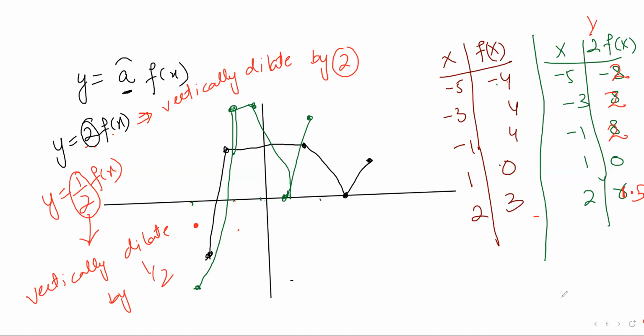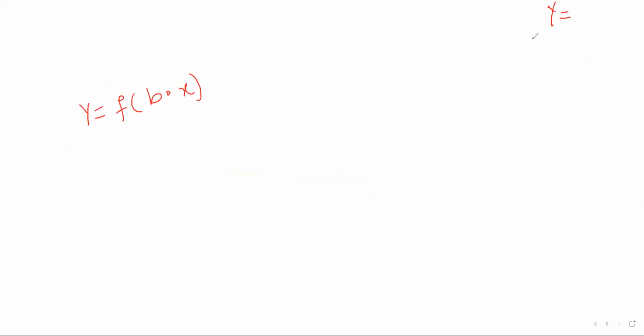Is it always vertically dilated? Yes, in this case it's going to be vertically dilated. We are doing the horizontal case next. The last case was y is equal to a f of x, and we say it will be vertically dilated.